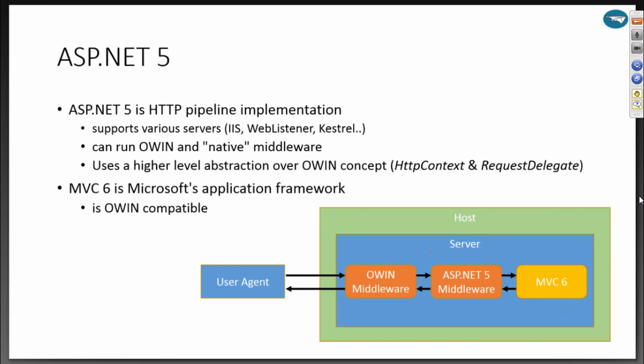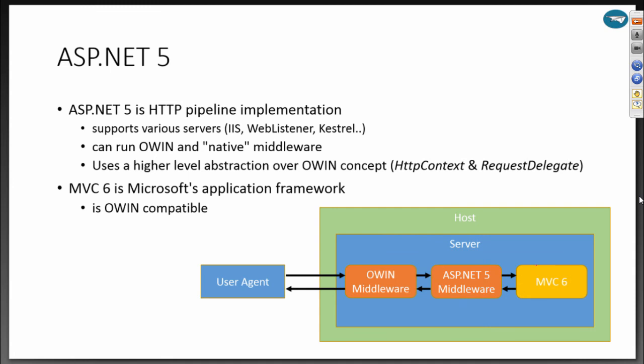Web API was actually middleware that could run in a Katana host. Conceptually very similar here now in ASP.NET 5, MVC6 is just middleware that runs inside of this ASP.NET 5 pipeline. So you can write your own middleware, and it can sit right next to MVC6. Of course, we'll look at MVC6 next week. So that's the high-level picture here.